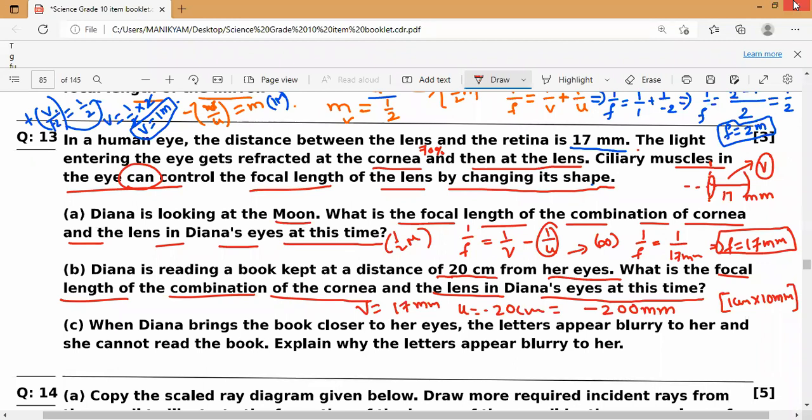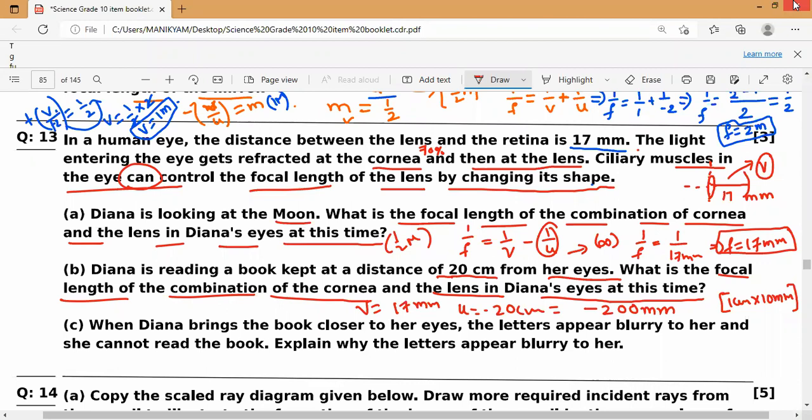So 17 into 200 will come 3,400. Here will come 200 and here it will come 17. Now if you do 200 minus 17, it will come 183 divided by 3,400. Sir, we have to add, sir.